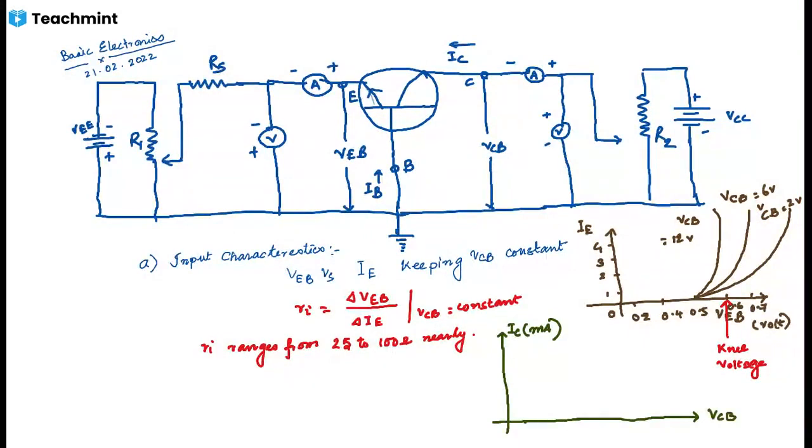For our output characteristics, on the x-axis it will be the collector to base voltage, and versus the collector current.